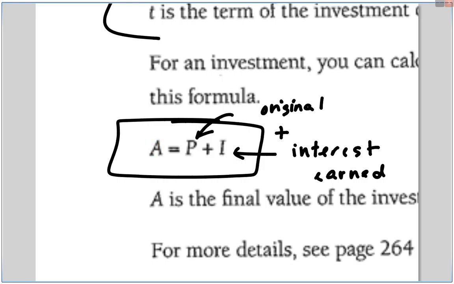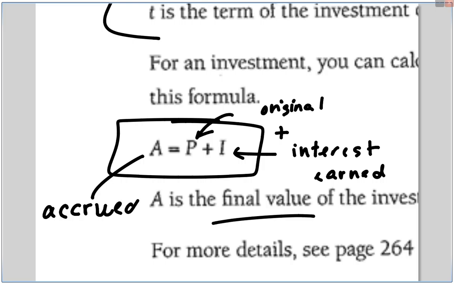So A will stand for the final value. I'm not sure why it's A. Maybe it's amount. I sometimes say the accrued amount. That's a big word though, so it's just the final amount.